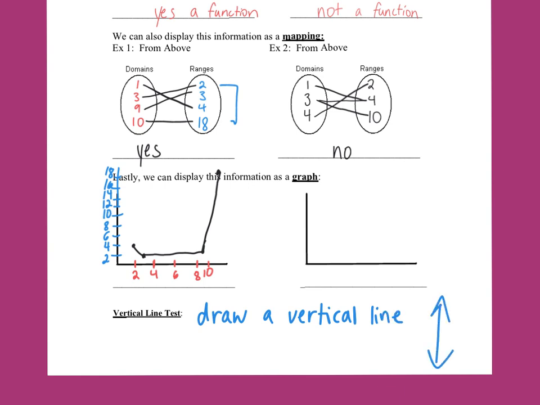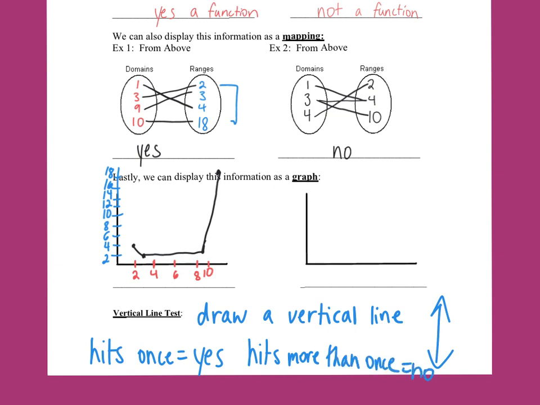If it only hits one time, so it hits once, it is a yes, it's a function. If it hits more than once, it's a no, not a function.